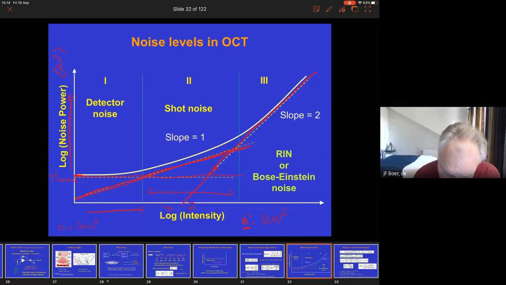And then your SNR is given by the intensity divided by the noise. And that increases because your signal goes up linearly, but the noise increases with the square root, and your signal to noise keeps increasing. What I show you is that at some point, that breaks down, because then this fundamental noise property of light starts to dominate. For some intensities, you are reaching this regime, and there's no benefit anymore.